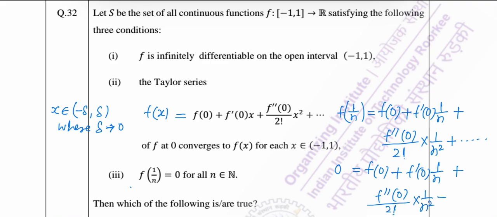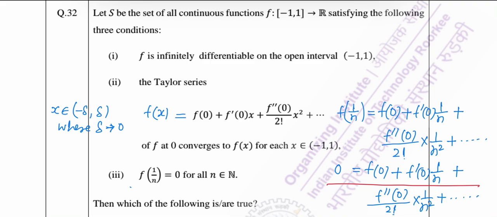Okay, so now you see that in the third condition it is mentioned that for all n belonging to natural numbers, it means that we can take n as a very large number, and in other words we can tend n to infinity in this.